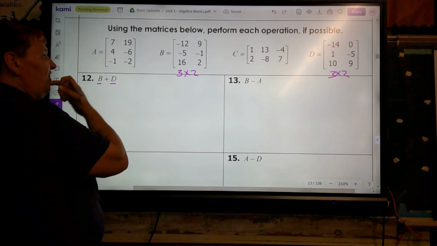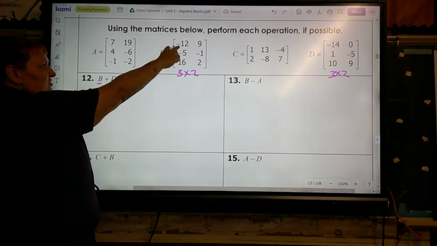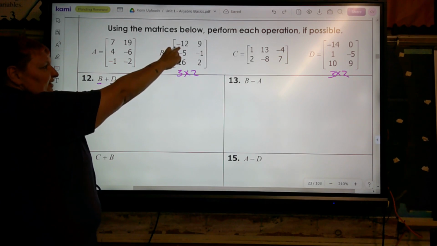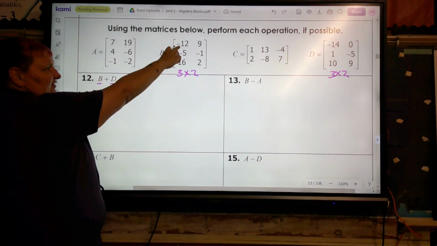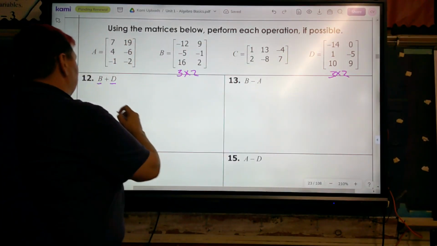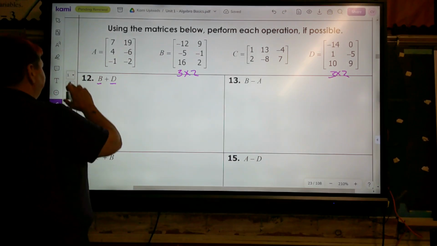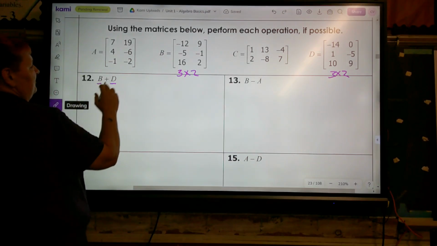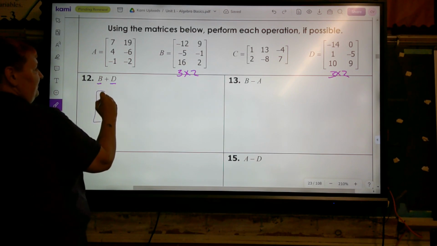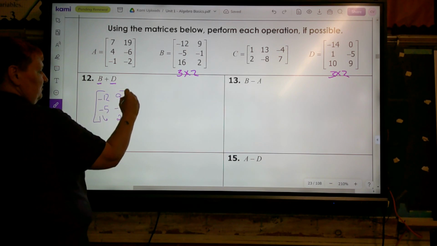All right, and then all you do is add the corresponding numbers. Whatever's in space 1,1 gets added to space 1,1. I'm going to copy the whole thing just so you can visualize what I'm doing. We're adding B, which is negative 12, 9, negative 5, negative 1, 16, and 2.